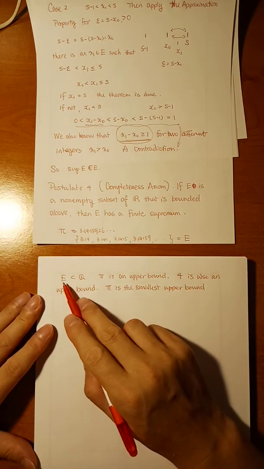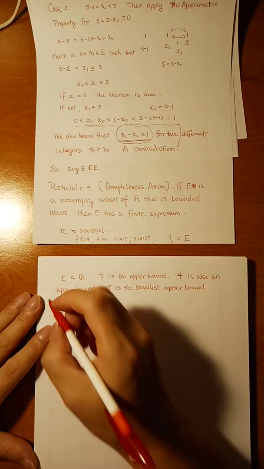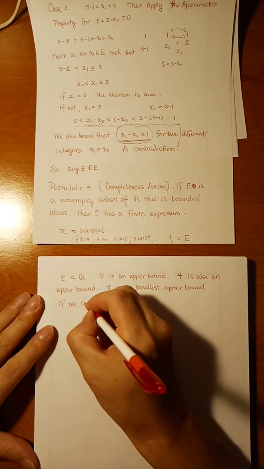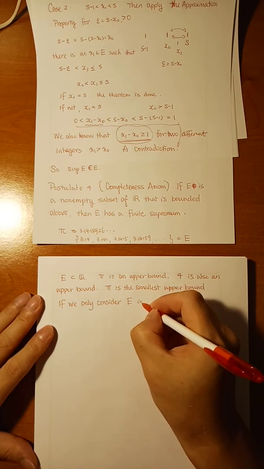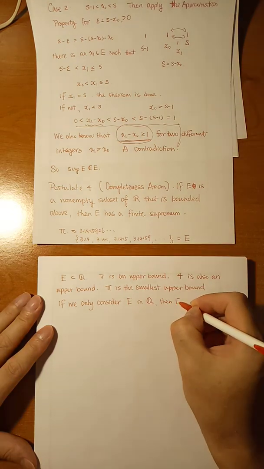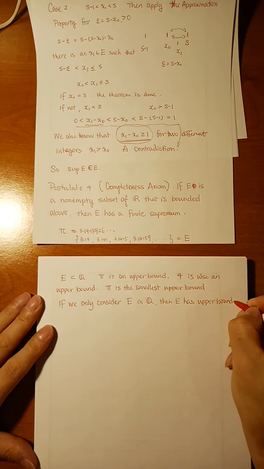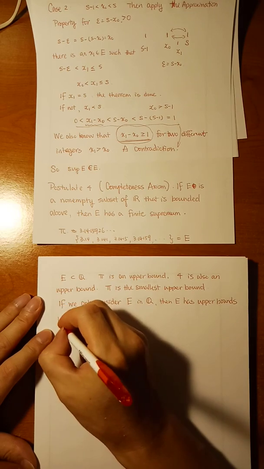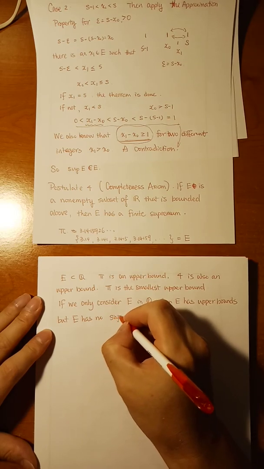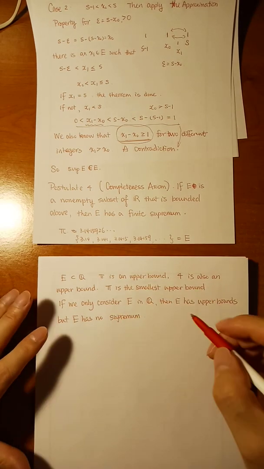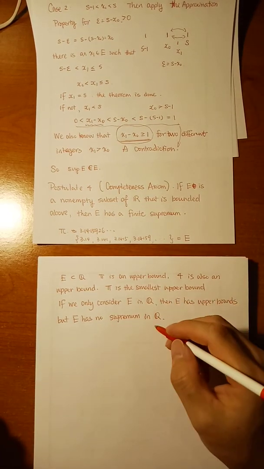If we only consider this subset E inside Q, not inside R, pi is irrational, it's not inside Q. So if we only consider E in Q, then E has upper bounds, but E has no supremum because pi is missing in the set of rational numbers.